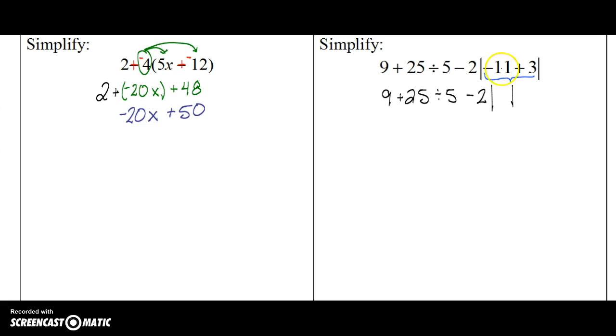Negative 11 plus 3 is negative 8. The next step is to take the absolute value of negative 8. And that will change into a parentheses for a grouping or multiplication problem.